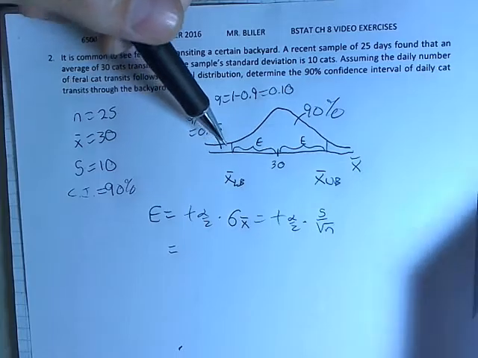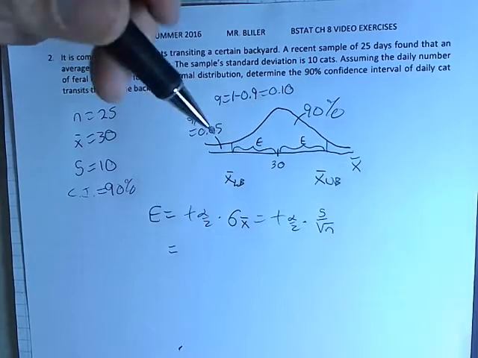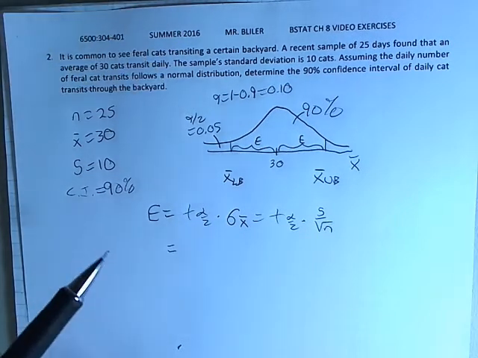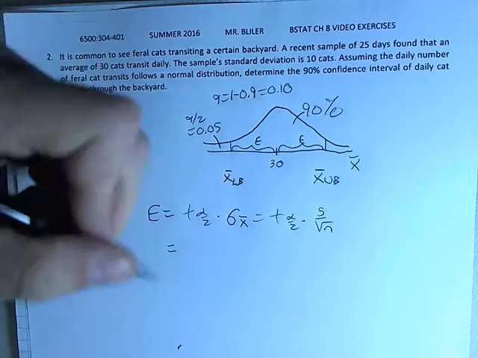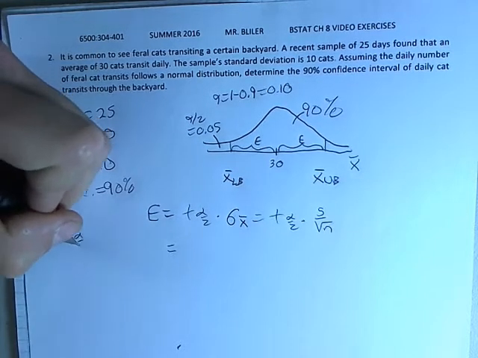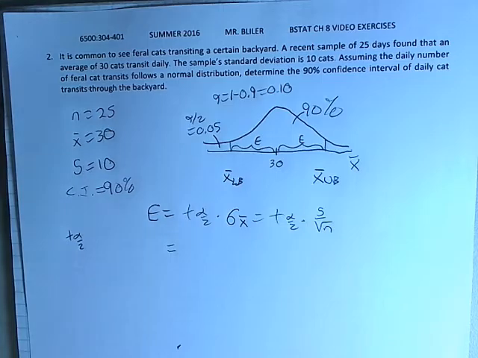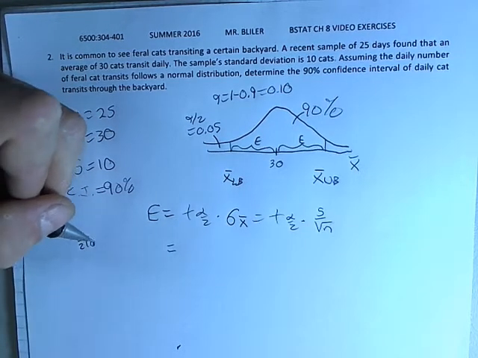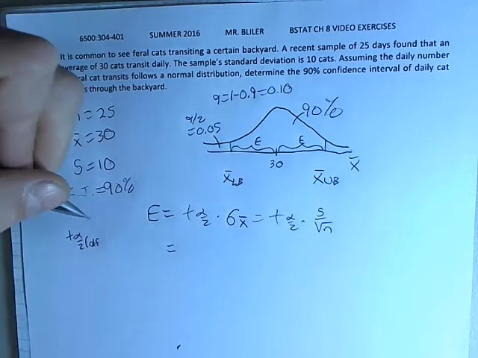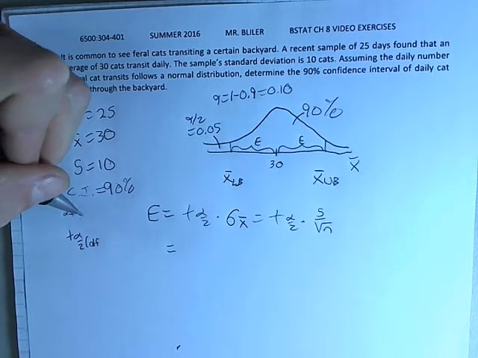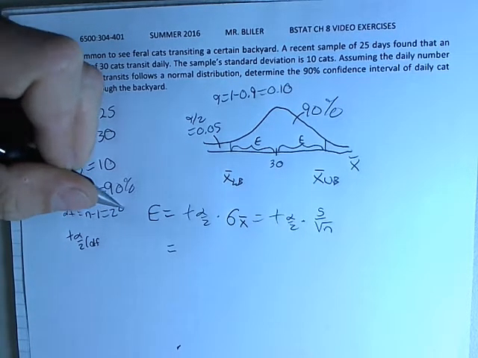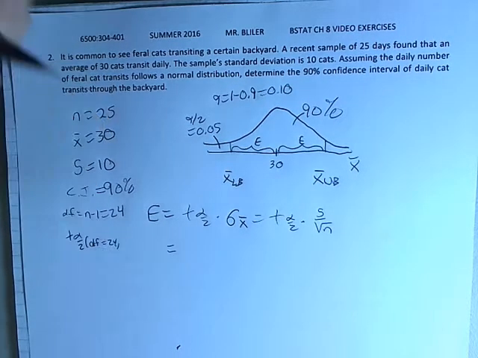So what we're going to do is come up with our degrees of freedom, and let's jot that over here. So the t alpha half, we need to have the degrees of freedom for. Degrees of freedom is always the sample size minus 1. So in this case, we have degrees of freedom 24.